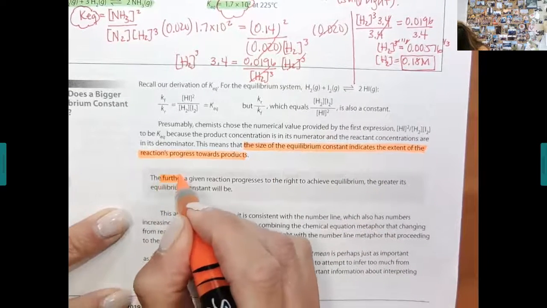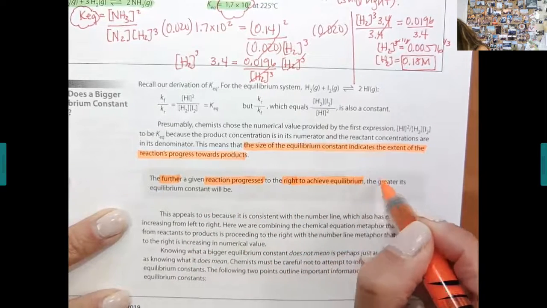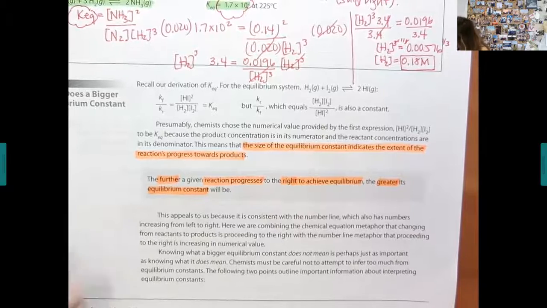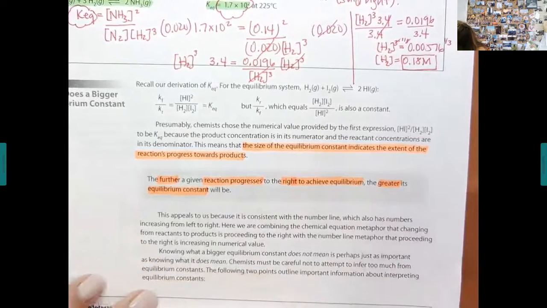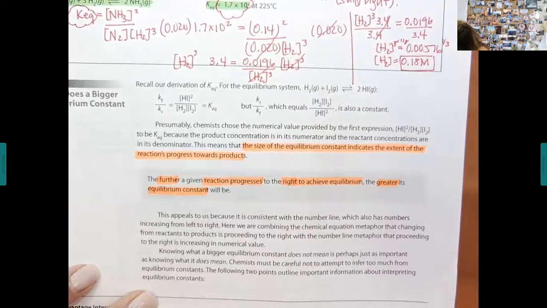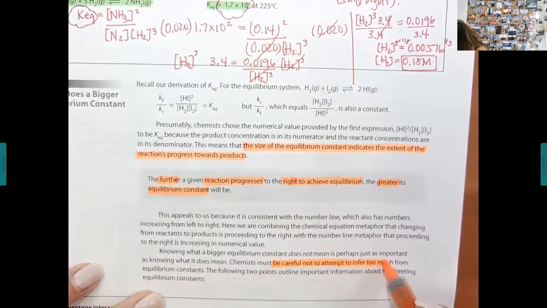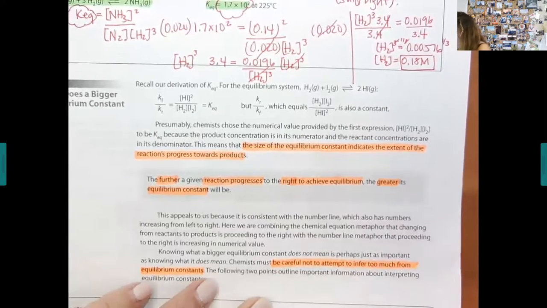So the further a reaction progresses to the right to achieve equilibrium, the greater the equilibrium constant will be, okay? Be careful not to attempt to infer too much from equilibrium constants. So let's go to the next page.